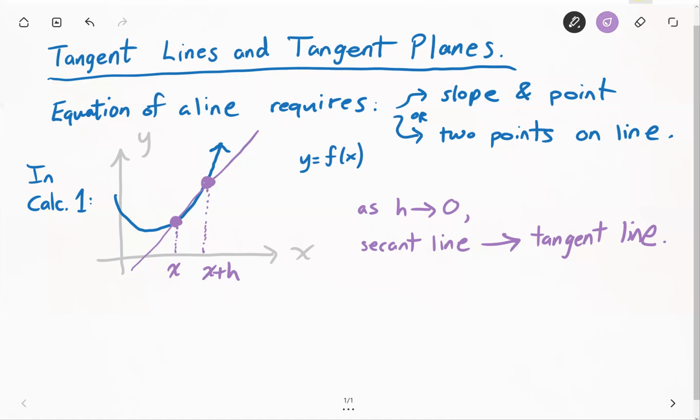Now, in multivariable mathematics, we have functions of more than one variable. So we want to discuss a similar situation. And so I'm going to go ahead and try to draw a picture.